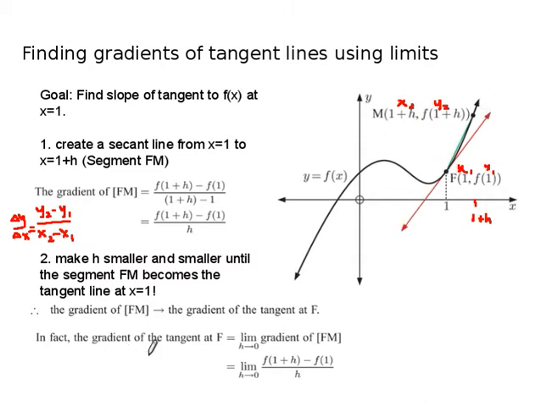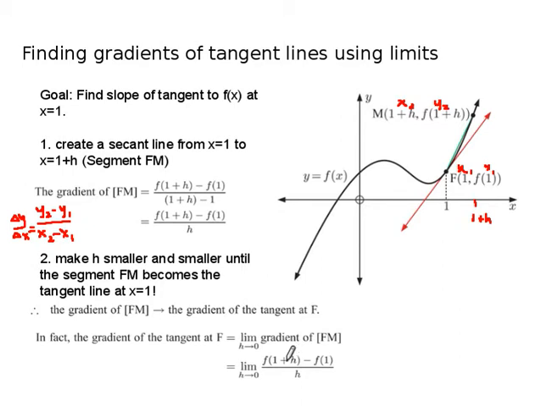So the gradient of the tangent at f actually is the limit as h approaches 0 of this expression. It's this expression up here that we found, but it's the limit of that as h gets smaller.